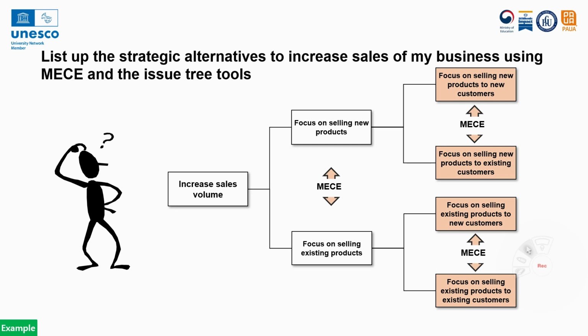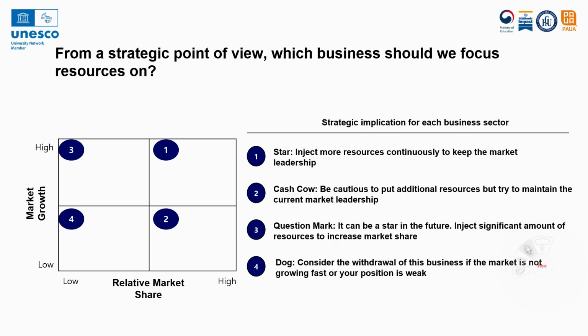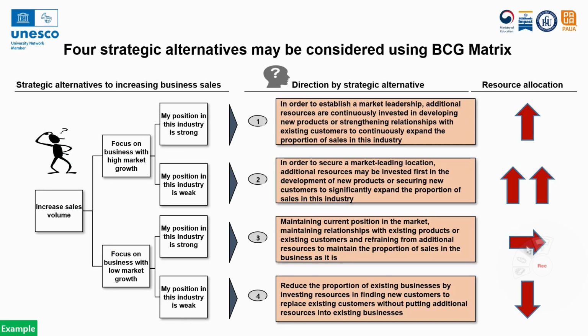That's the simple illustration of 4 different options. Or we can use the BCG matrix to present 4 different strategic options.